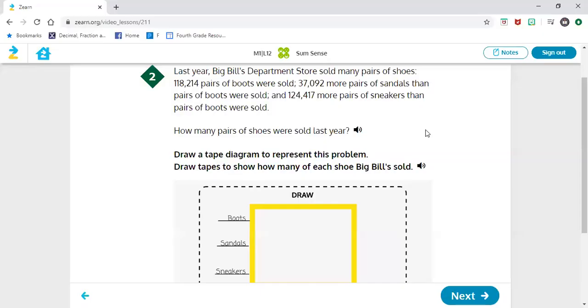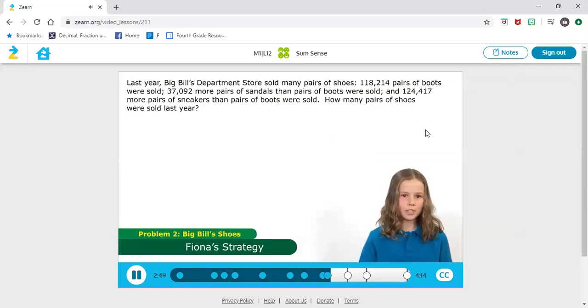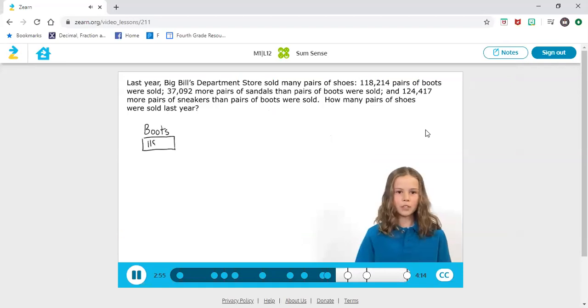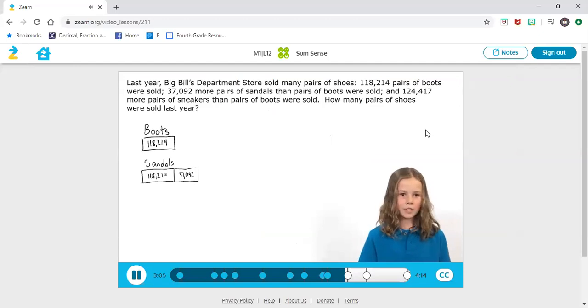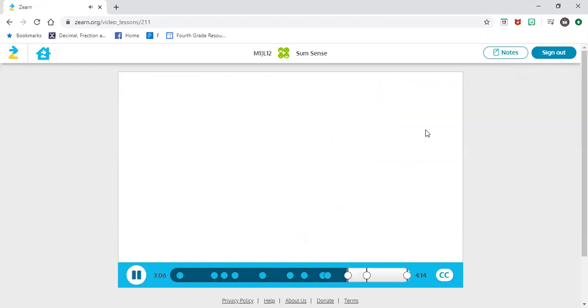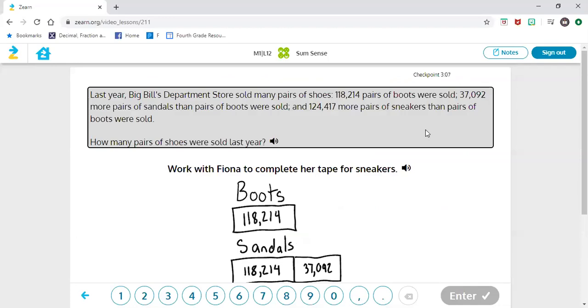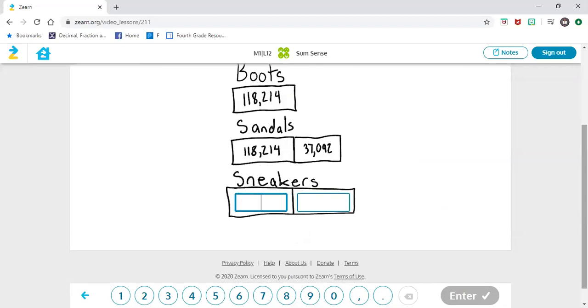First, I drew a tape diagram for boots. There are 118,214 pairs of boots. Next, I drew sandals. There are 37,092 more pairs of sandals than boots. All right, so now we need to enter in the sneakers that we had.